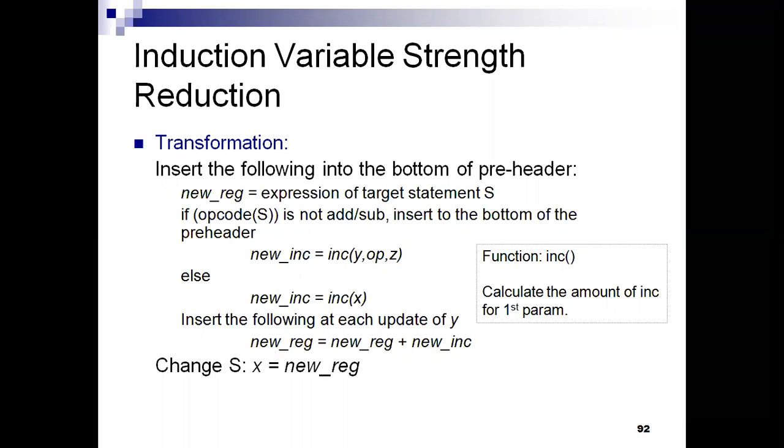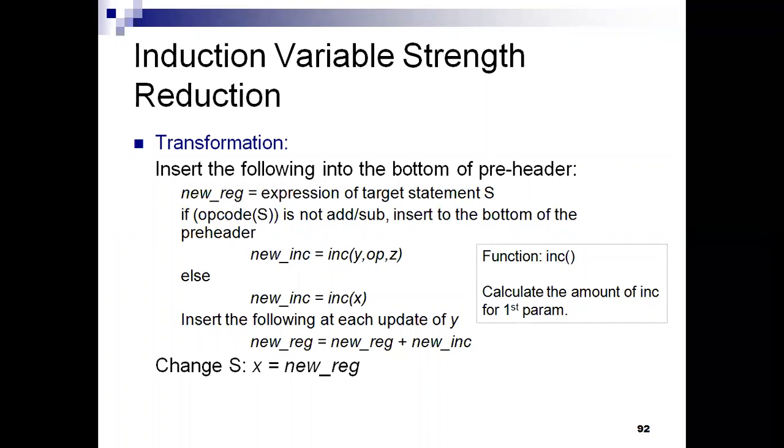Inc is an increment, dec is a decrement. So new inc is equal to inc of y comma op comma z. Else new inc is equal to inc of x. That is, insert the following at each update of y. Then finally it can be written as new register is equal to, because x is a register.